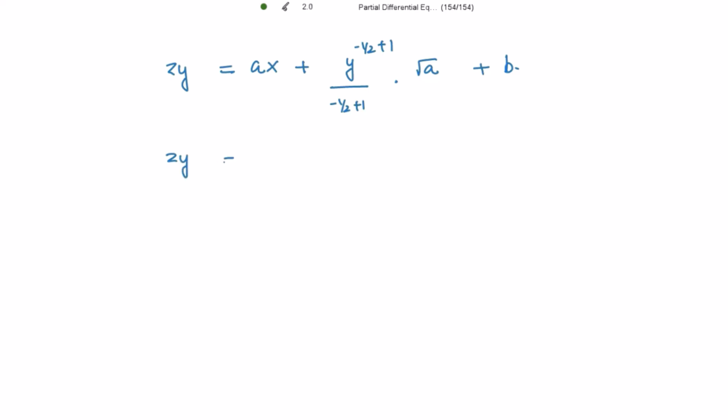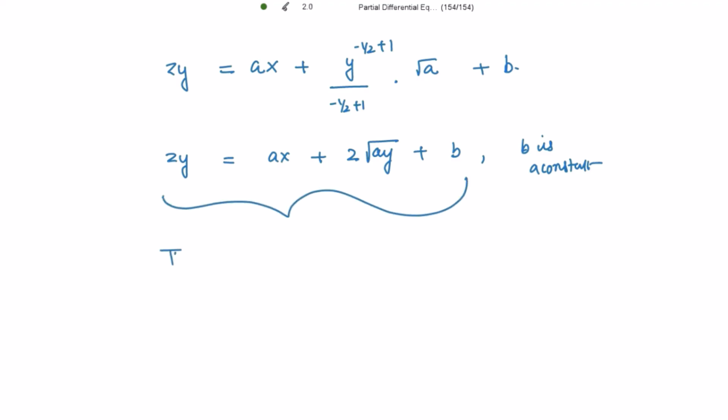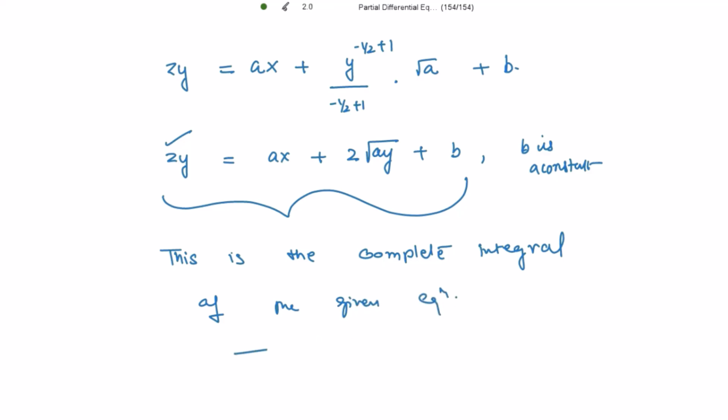So this is zy equal to a x plus y to the power 1 by 2 divided by 1 by 2. I am writing this as twice square root of y multiplied with square root of a, so we can write 2 square root of a y, plus b, where b is a constant. So this is the complete integral of the given equation. We can have the value of z from here. Alright, thank you.